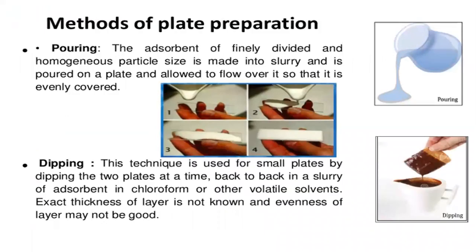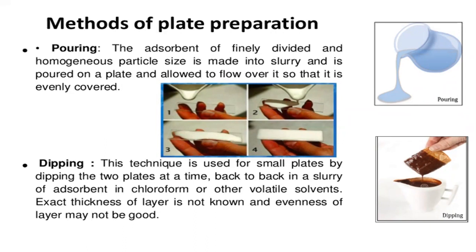Now pouring. In this pouring method, we just take the slurry in a beaker and pour it onto a glass plate or glass slide. Here the diagram is represented. First we take the glass slide and pour the prepared stationary phase slurry onto the glass plate.